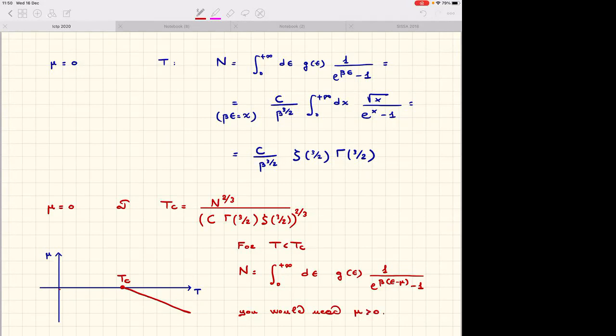But mu cannot be positive, right? Because otherwise the distribution function of the number of particles would be meaningless for energies between 0 and mu.